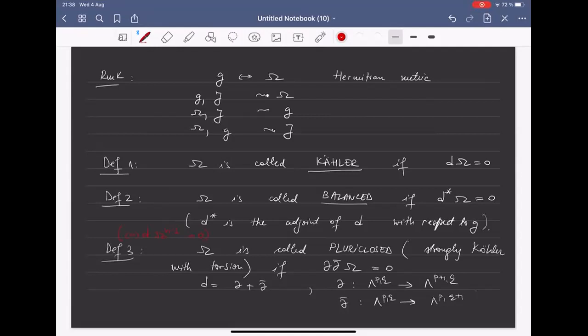So omega being co-closed is equivalent to omega to the power n-1 being closed. These relaxations of the first condition appeared naturally since Kähler metrics are quite rare, so to speak, in the world of complex geometry. So asking that omega is closed is quite a powerful condition.